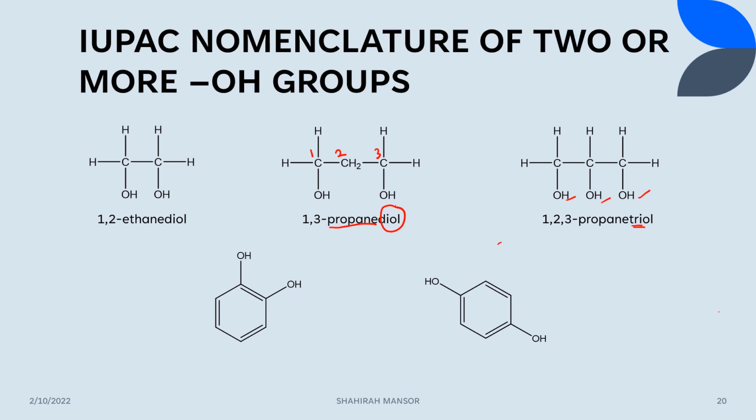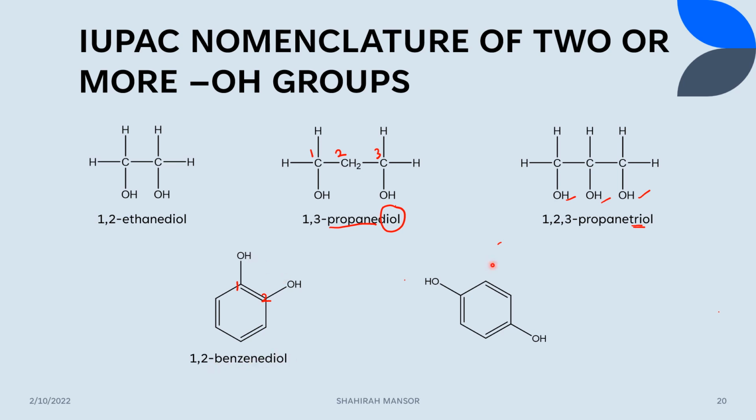But if we have OH on this benzene ring, the name of the parent is no longer phenol. The name can no longer be phenol, because there are 2 hydroxyl groups directly bonded to the benzene ring. So in this case, the name of this compound will be 1,2-benzene diol. 1,2 refers to the positions of the two hydroxyls. 1,2-benzene for this benzene ring, and diol indicates 2 OH groups here.